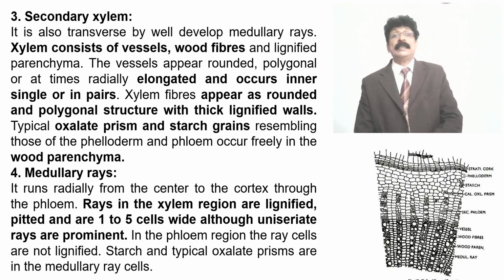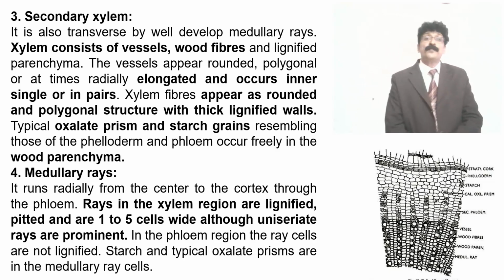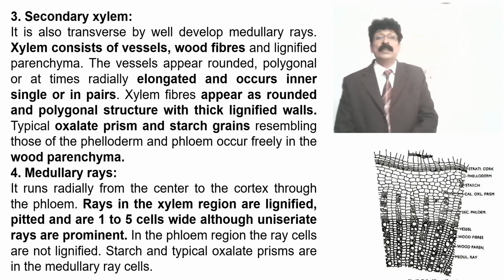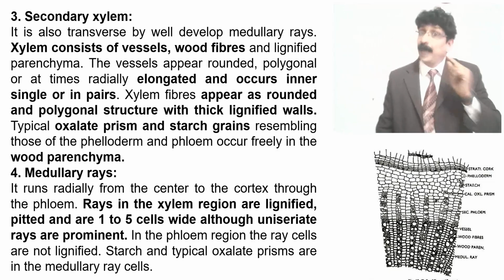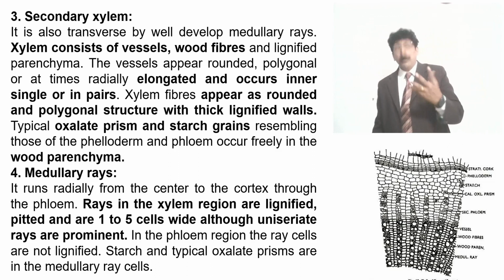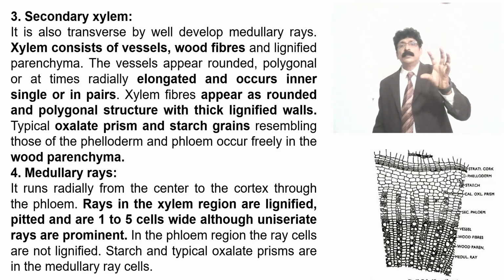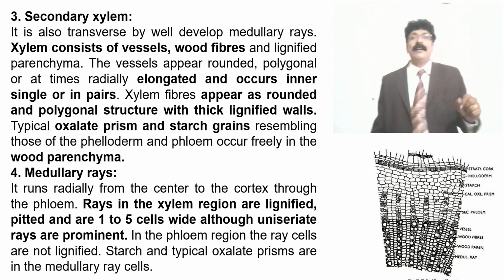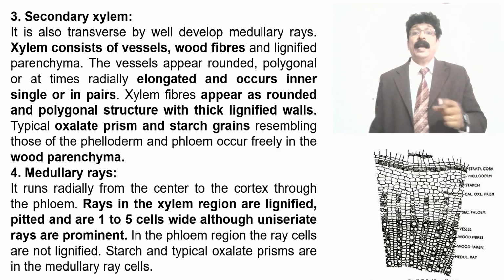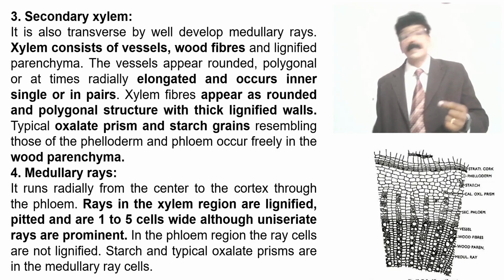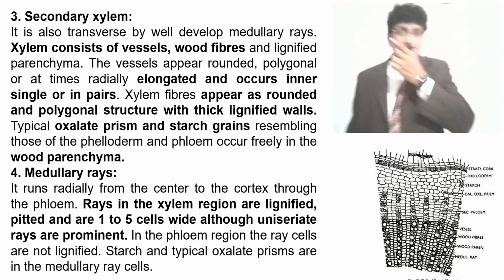Secondary xylem is also traversed by well-developed medullary rays. Xylem consists of vessels, wood fibers and lignified parenchyma. The vessels appear rounded, polygonal or at times radially elongated, and occur singly or in pairs.